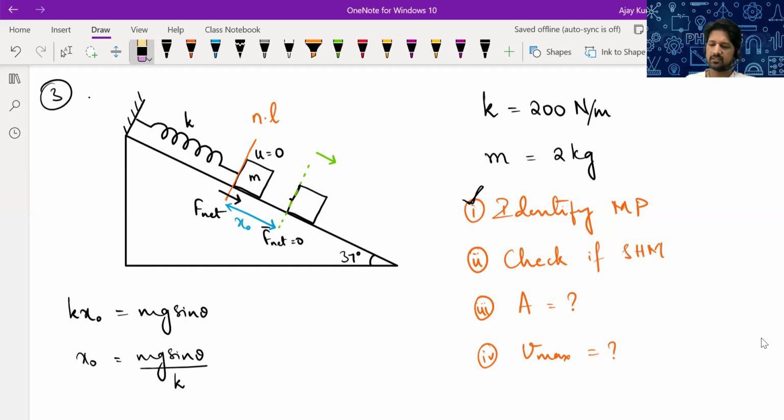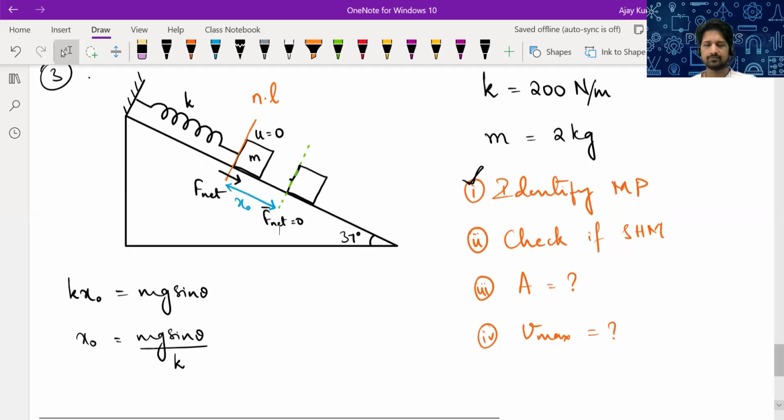Next, have any of you checked whether it is SHM or not, and what did you find out? Vanilla, tell me how to check whether it is SHM or not. What are the steps we need to take? So F should be directly proportional to the distance from mean position. So you need to assume that the block is displaced from mean position by some distance.